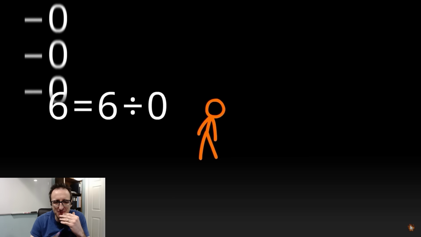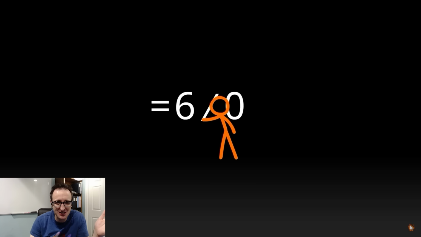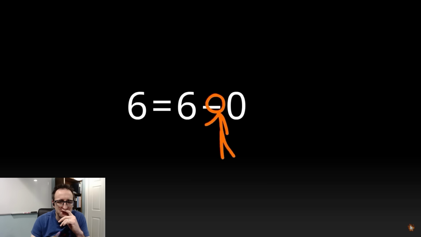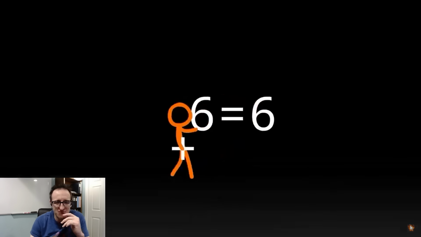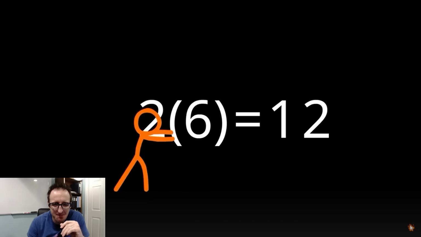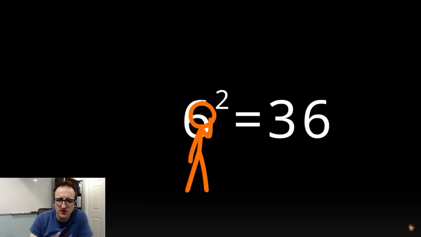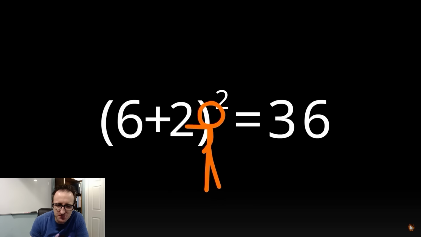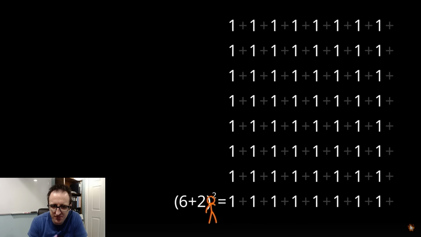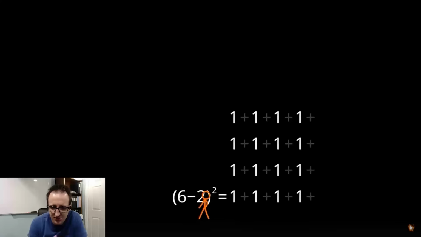Then it shows why dividing by 0 makes absolutely no sense, because how many zeros can fit into it? That's fantastic. Oh, now we've got exponents. That's great too.